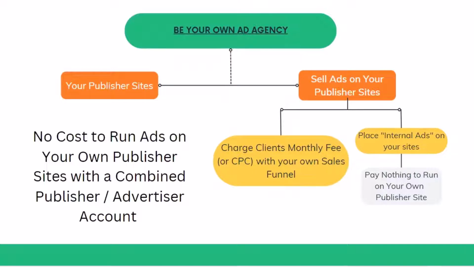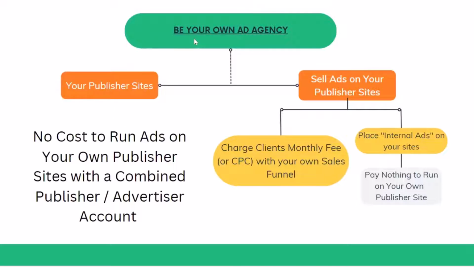Now, the third thing we're talking about today is how can you be your own ad agency? Well, good question. I'm glad Damon asked that. Well, to be your own ad agency, you have to be a publisher and you have to be an advertiser. You have to be both, okay? And as an advertiser, you're over here. If you came in just as an advertiser, you would have to pay to put ads on any of the publisher sites.